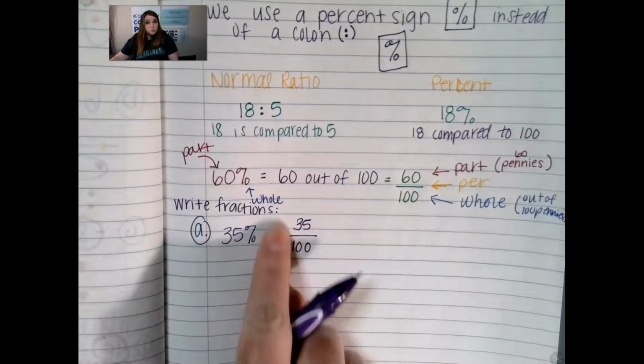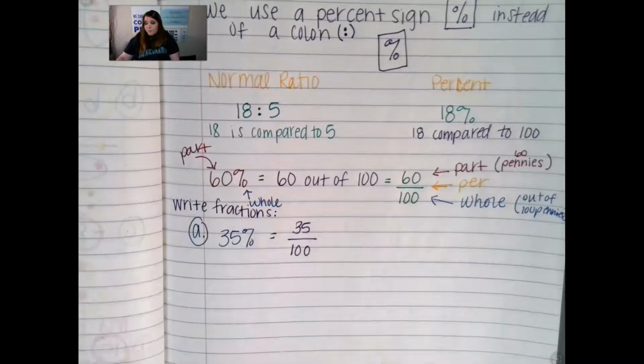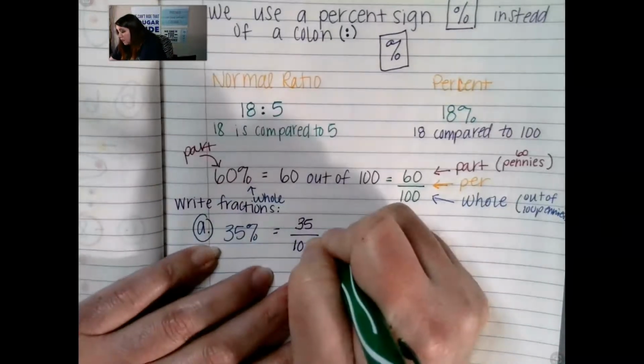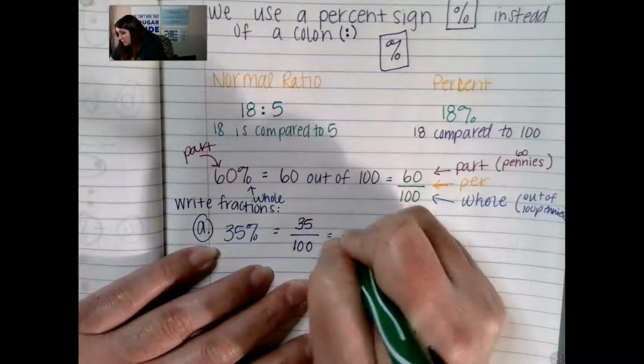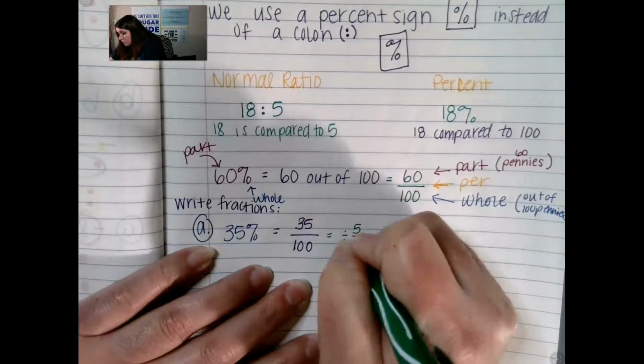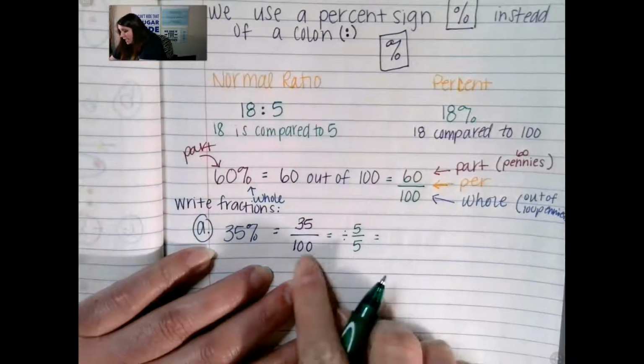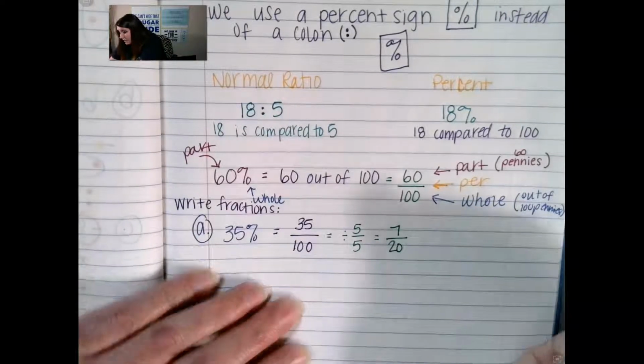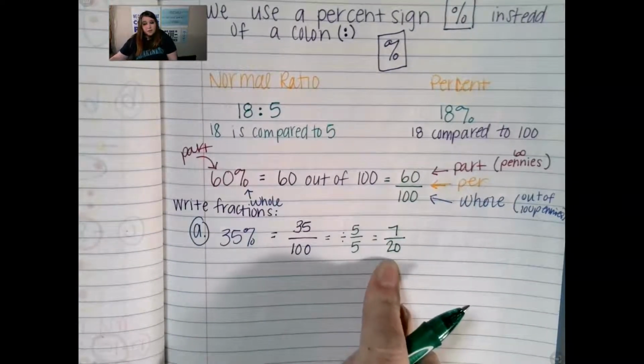So 100 is where we always want to start, but we also want to simplify. If we simplify and create an equivalent fraction, we could divide by 5 over 5, and I would get 7 over 20.